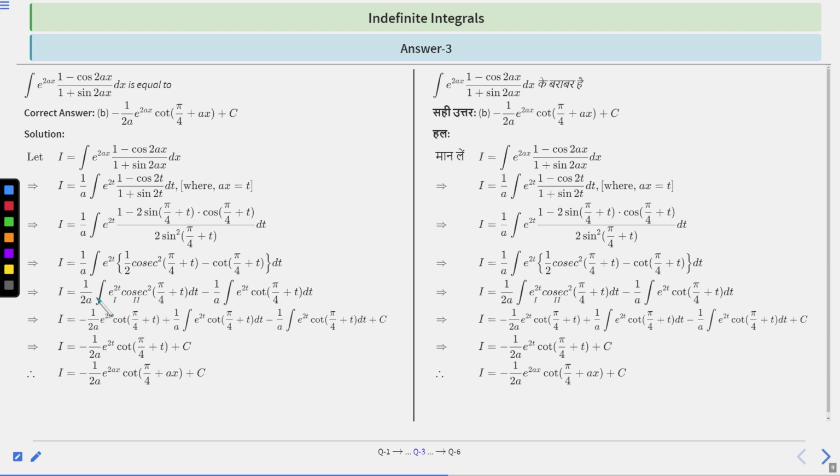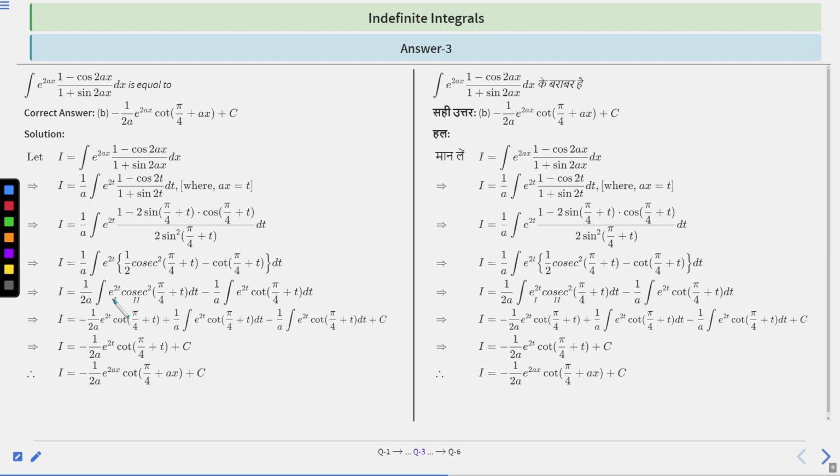Therefore, I is equal to 1 by 2a times the integration of e to the power 2t cosec square(pi by 4 plus t) dt minus 1 by a times the integration of e to the power 2t cot(pi by 4 plus t) dt. Now I is equal to minus 1 by 2a e to the power 2t cot(pi by 4 plus t) plus 1 by a times the integration of e to the power 2t cot(pi by 4 plus t) dt minus 1 by a times the integration of e to the power 2t cot(pi by 4 plus t) dt.